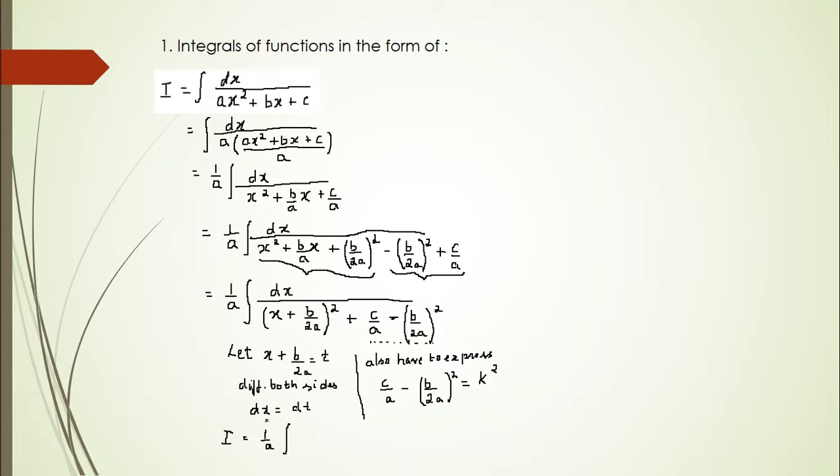Now dx is equal to dt, so I can write dt by, now x plus b by 2a is equal to t, so I can write t square plus this portion c by a minus b by 2a whole square is equal to some k square, so I can write k square here.